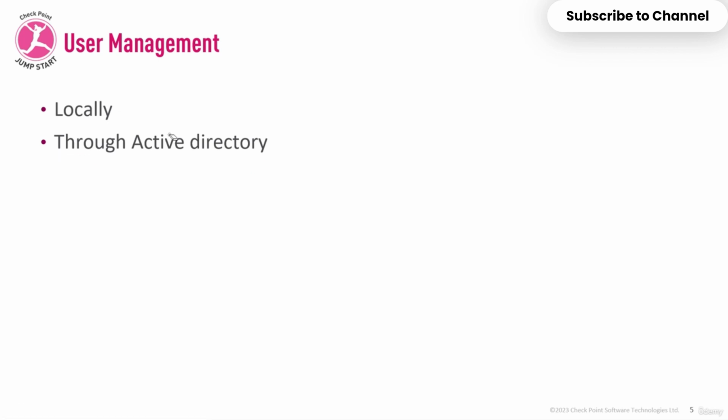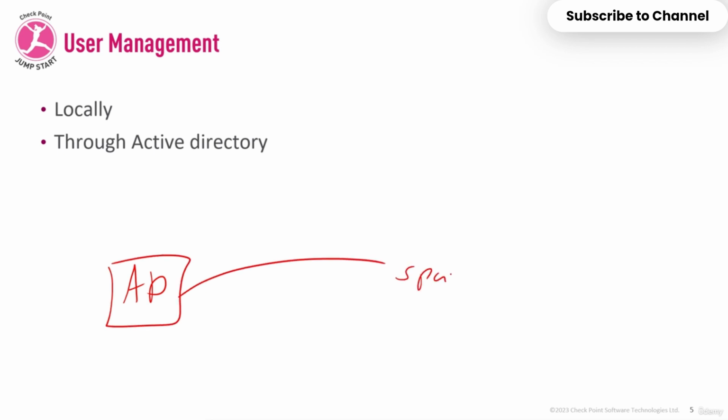So in the next demo, I'm going to connect my Active Directory server with my Spark appliance. Let's see how easy that is. If you would like to run this demo yourself, you'll need to have the information about your domain controller, the IP address, and credentials.